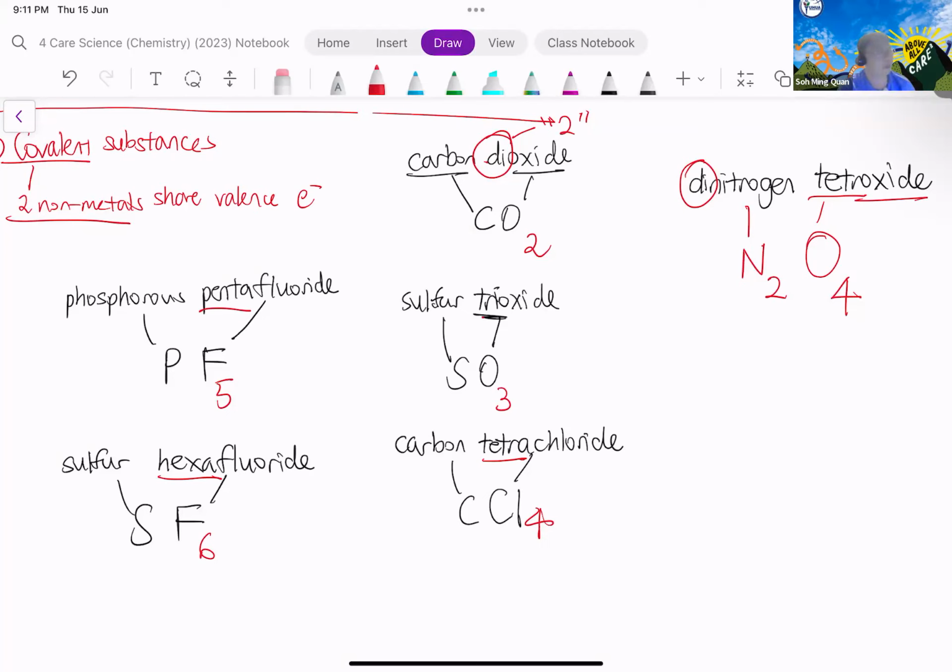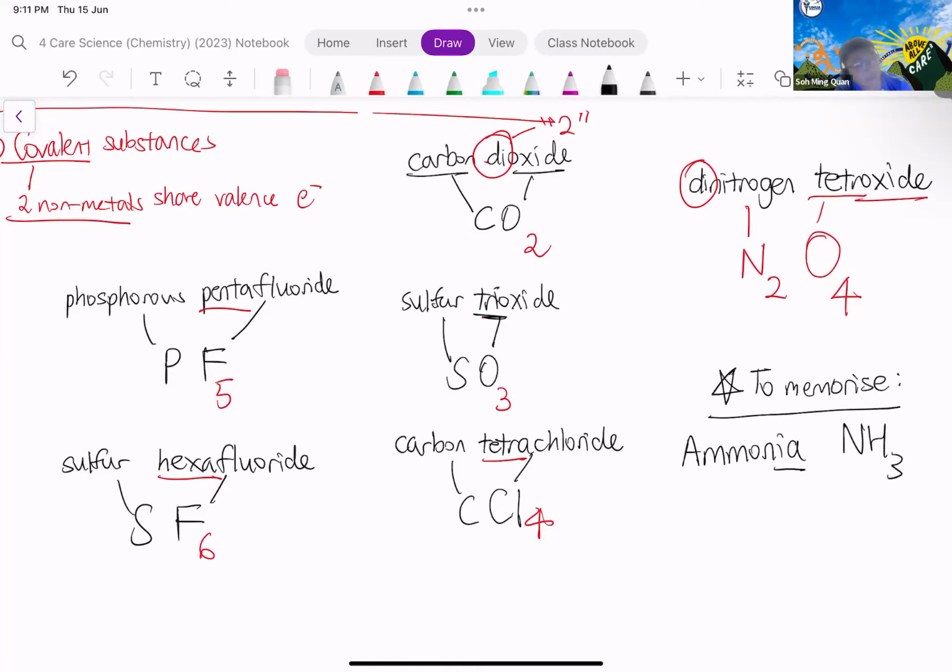Okay? However, there are some covalent substances that need to be memorized. Okay, don't worry, there aren't too many of these. The first one is ammonia. Ammonia is NH3. All right. Now, this is easily confused by students with ammonium. So just now you had ammonium, which is a polyatomic ion, NH4+.